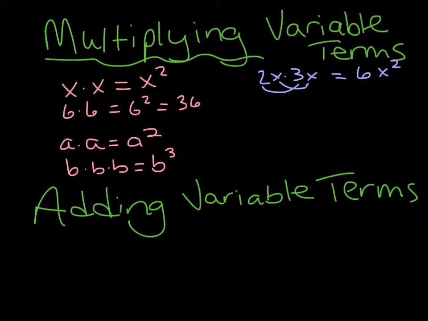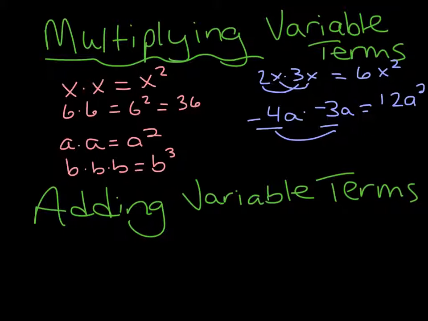So the numbers that we know, we can multiply, and then the x times x would be x squared. So if I had negative 4a times negative 3a, negative 4 times negative 3 is positive 12. A times a would be a squared.